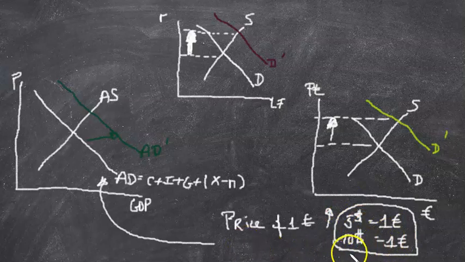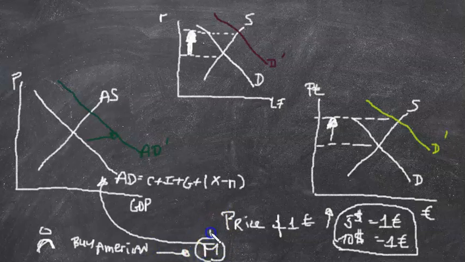And if I can get $10 for each 1 euro, well, I'm going to buy more American goods. Because if I'm French, I'm going to look at the USA products, and I'm going to say, ooh, buy American, because it's cheap. And this is going to have an impact on imports, the big M here, which is back over here.